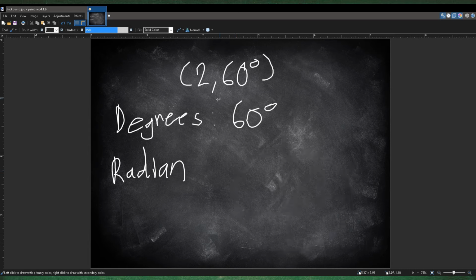So instead of using degrees, which is a concept we made up for triangles, we're gonna use something with the circumference. Let's say we have a circle with radius 1. The circumference of a circle is 2 pi radius, so if the radius is 1, the circumference is 2 pi.